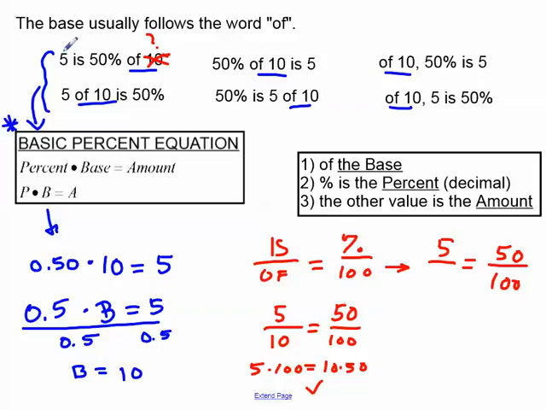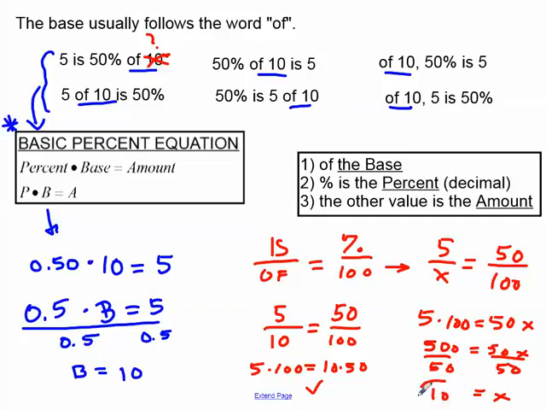The question: 5 is 50% of what number? 5 is, 50%, 100 always goes here, of what number? X. Now from here we just cross multiply. 5 times 100 equals 50 times x. Now we solve that equation. 500 equals 50x. Divide by 50 on each side. X equals 500 divided by 50, 10. Done.